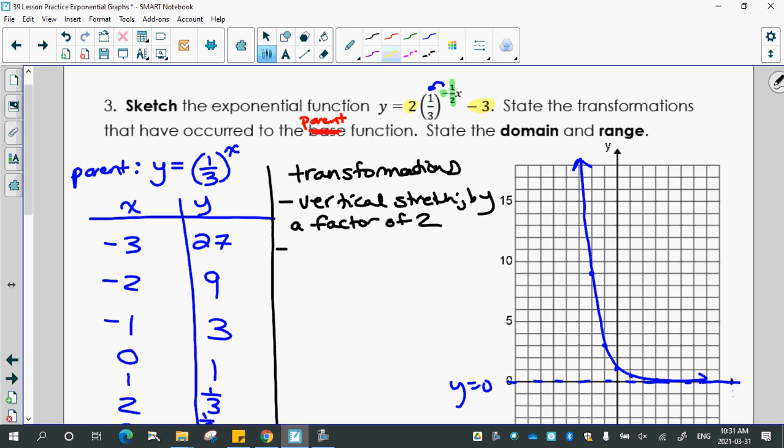And then the negative sign, the green negative sign? Horizontal. Horizontal reflection. And the 1/2 that's green? Horizontal stretch by a factor of 2. Good, horizontal stretch by a factor of 2.